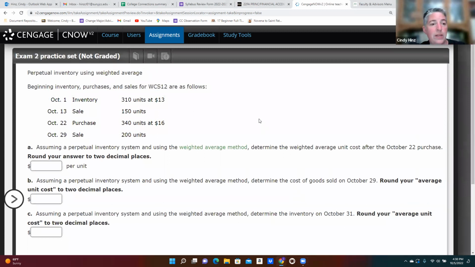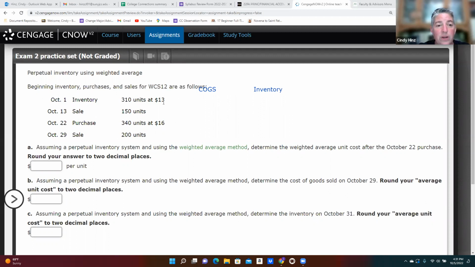And now we come to weighted average. And so we're using a perpetual inventory system. And I'll go ahead and set up those same columns again and talk through. So let me be consistent. I'm going to put cost of goods sold first and inventory over here, just like I did in the last exercise, but not the one before it.